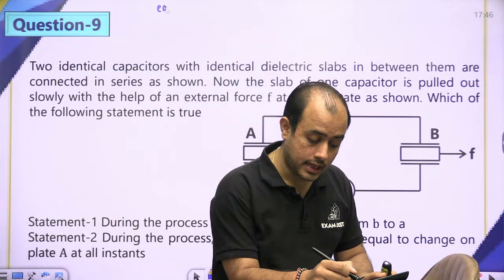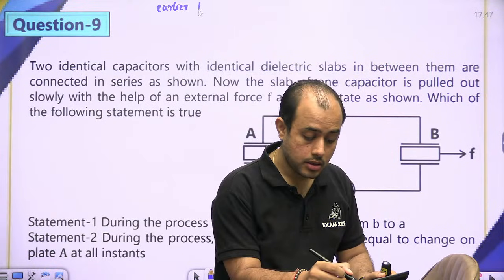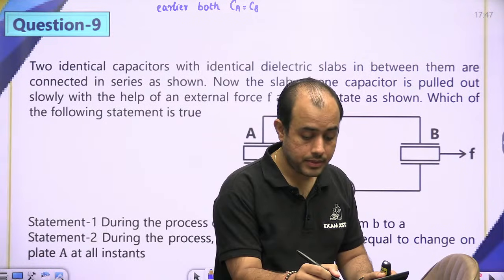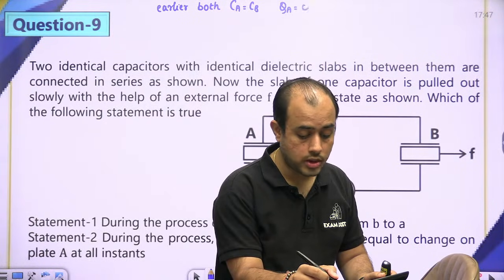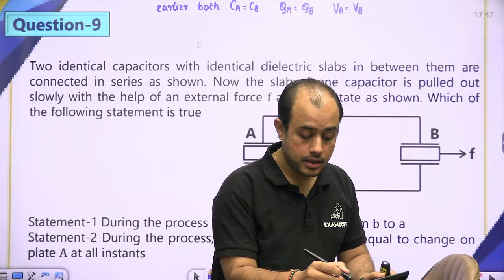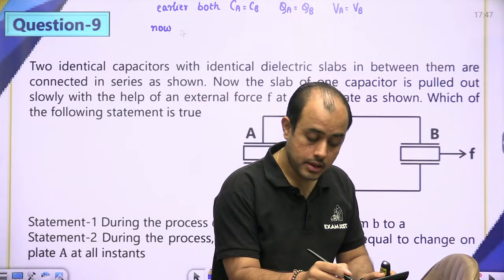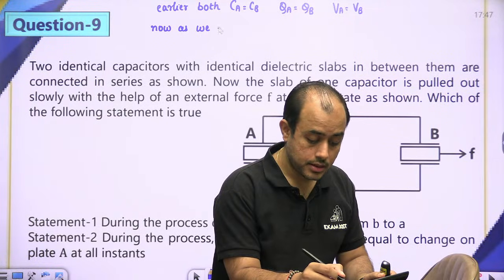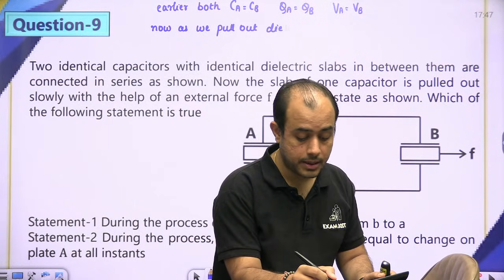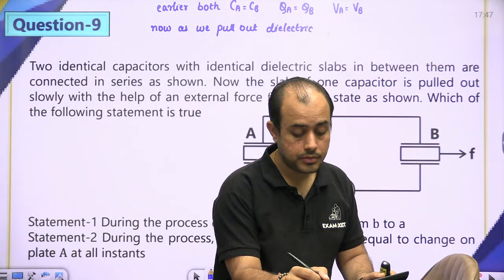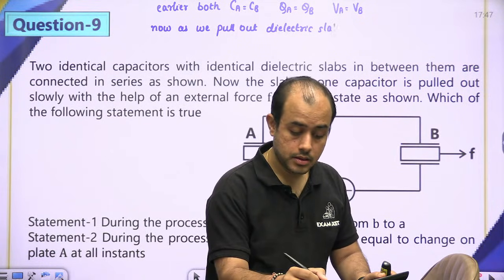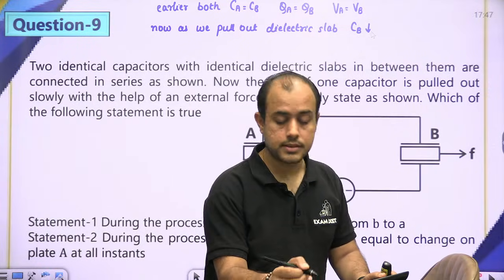So earlier, beta, both capacitances CA equal to CB, QA equal to QB, VA equal to VB. Now, as we pull out the dielectric slab, CB reduces.